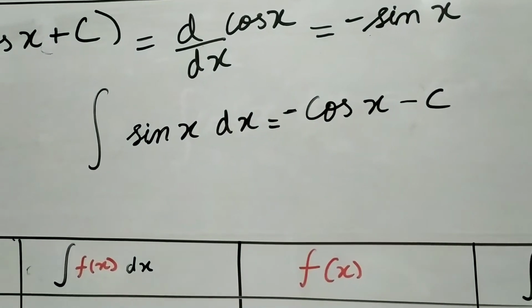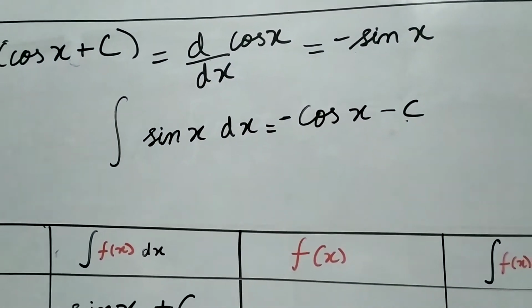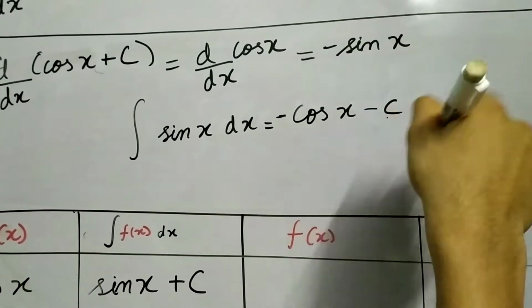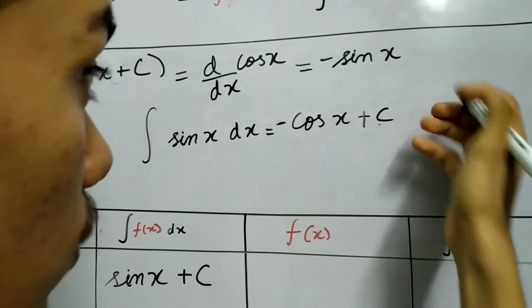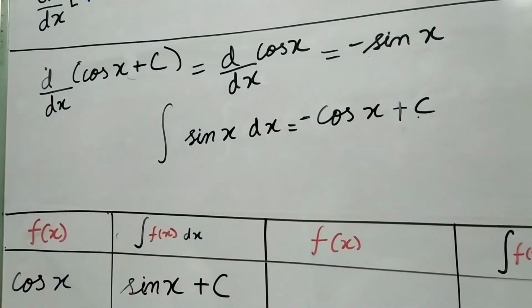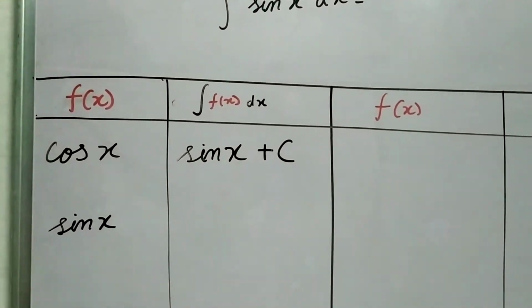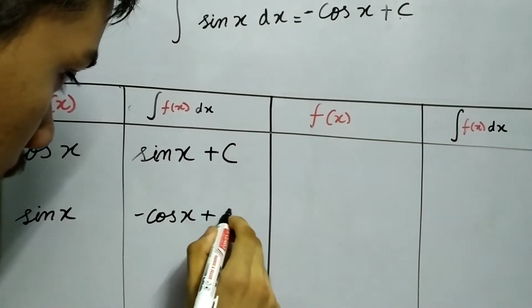But c is a constant, any constant value, and if you multiply a constant with minus 1, it will still remain a constant. That's the key. So you can simply absorb the minus 1 into your c. You can also write it as: the integral of sin x is minus cos x plus c.